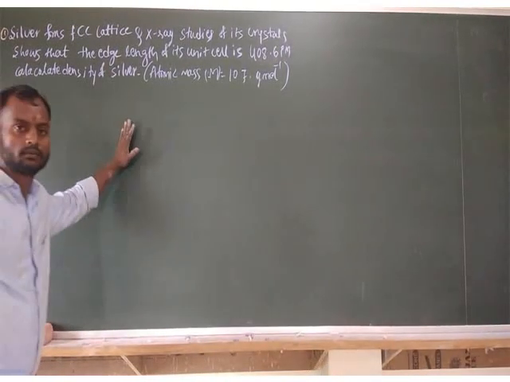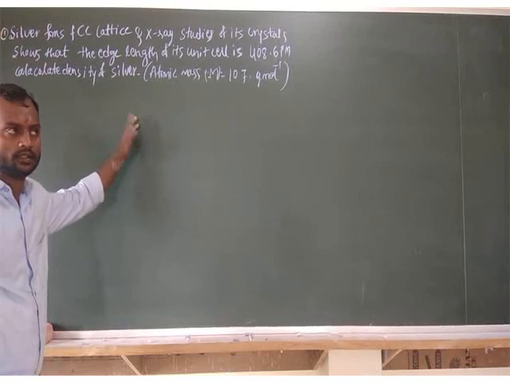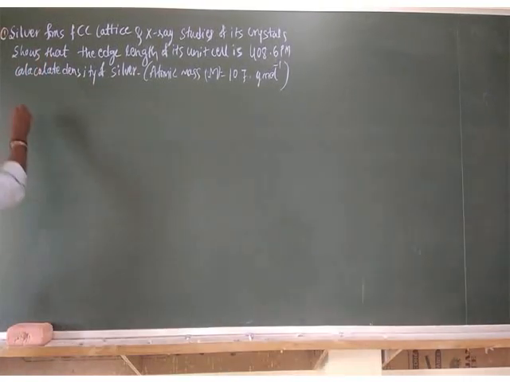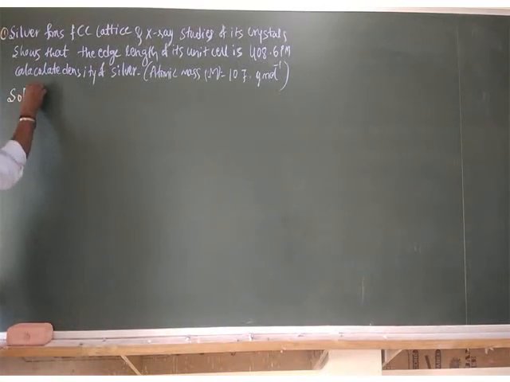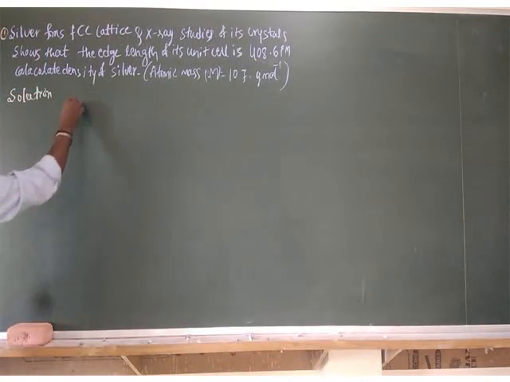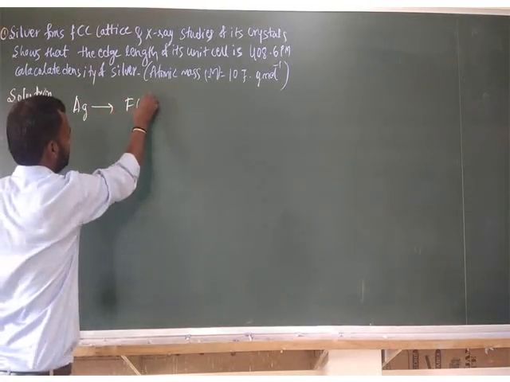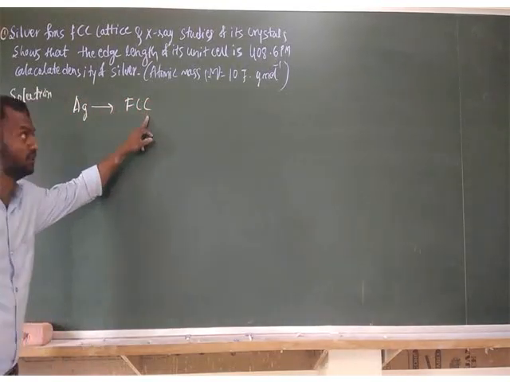Problems based upon density. In this problem, silver forms an FCC lattice. Solution: silver forms an FCC, face centered cubic, lattice.